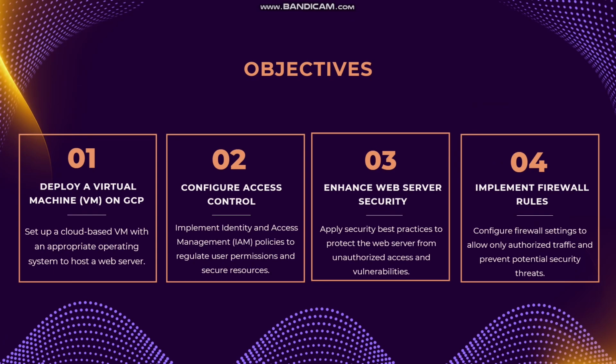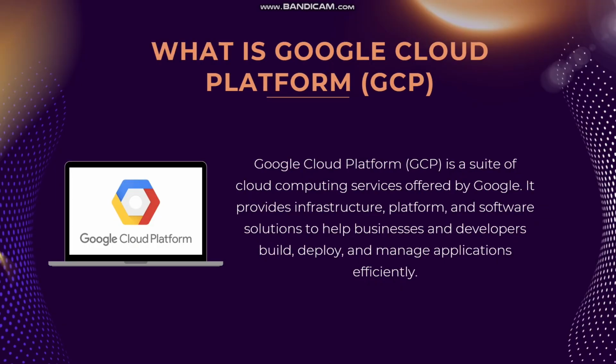Number 3, enhance web server security, applying security best practices to protect the web server from unauthorized access and vulnerabilities. And lastly, implement firewall rules, configuring firewall settings to allow only authorized traffic and prevent potential security threats.